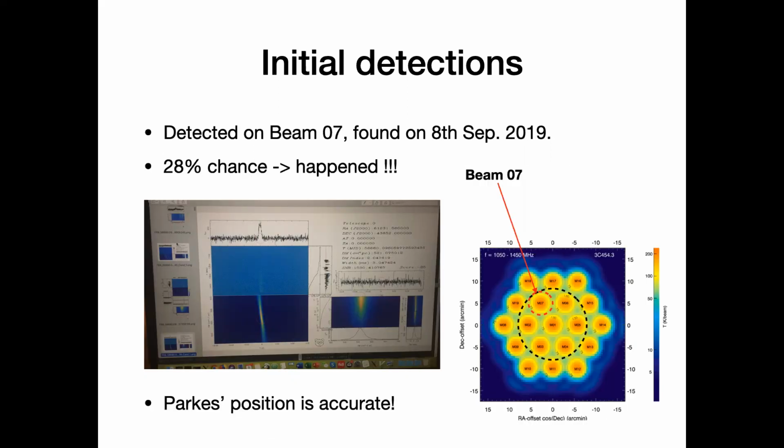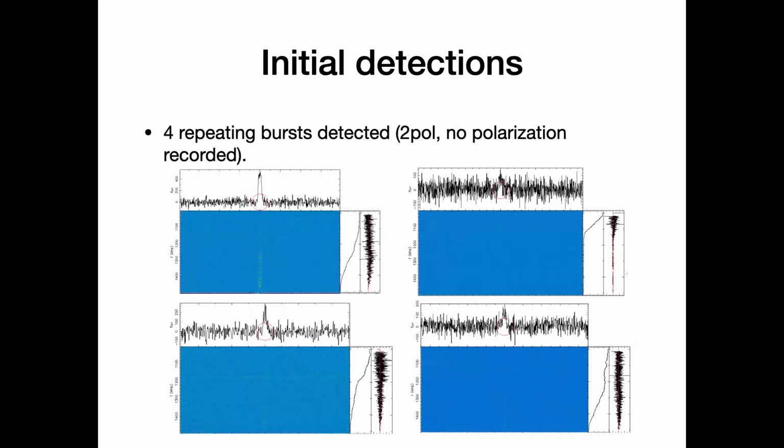Actually, it's not one single burst. We detected 4 repeating bursts in the initial observation. In that particular observation, we didn't record full polarization data because we didn't know if it was indeed a repeater. Even so, we confirmed this is a repeater with 4 significant bursts.